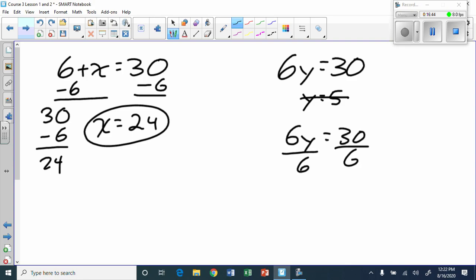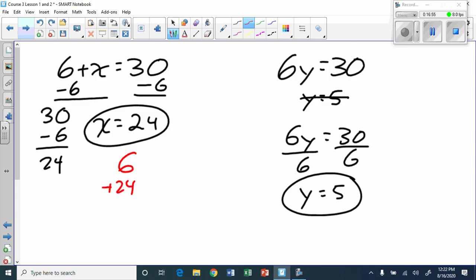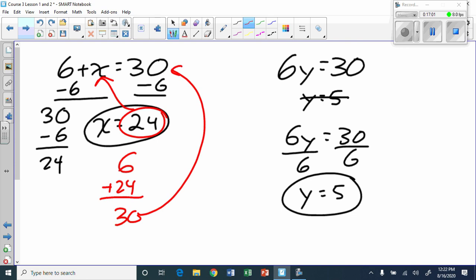Divide this side and this side. y equals 5. And with those, you can go back and double check those. You check to make sure you're accurate. 6 plus 24. I took my 24 and put it in. Equals 30. It checks. This one right here, I'll take my 5, substitute it in. 6 times 5 is 30. It works.